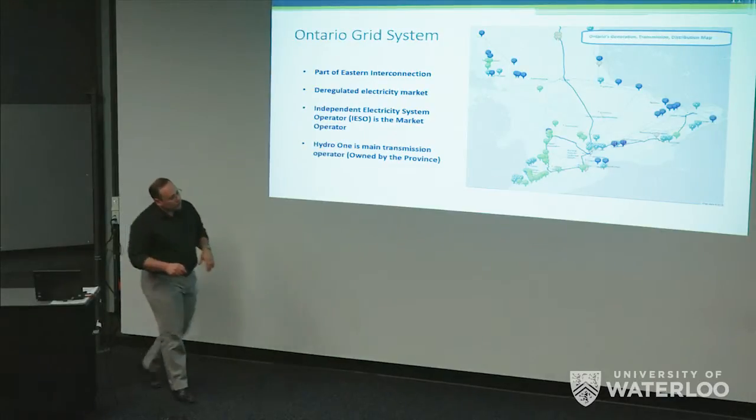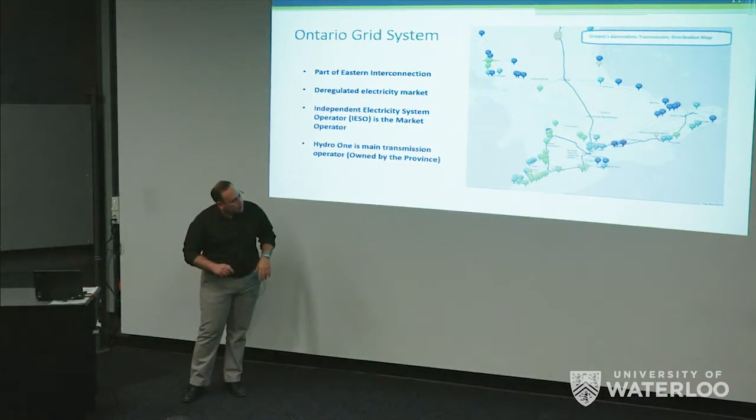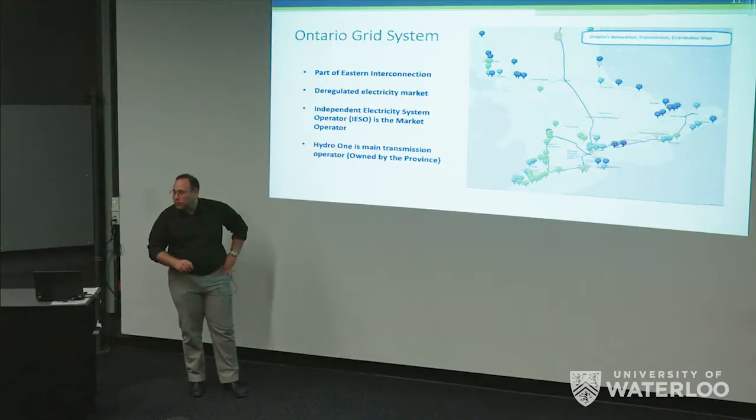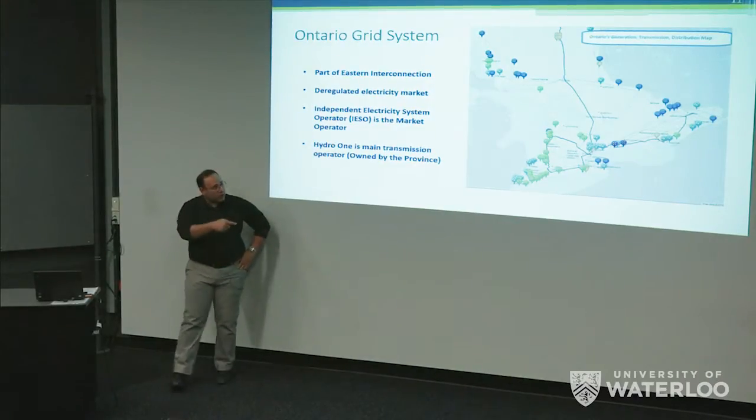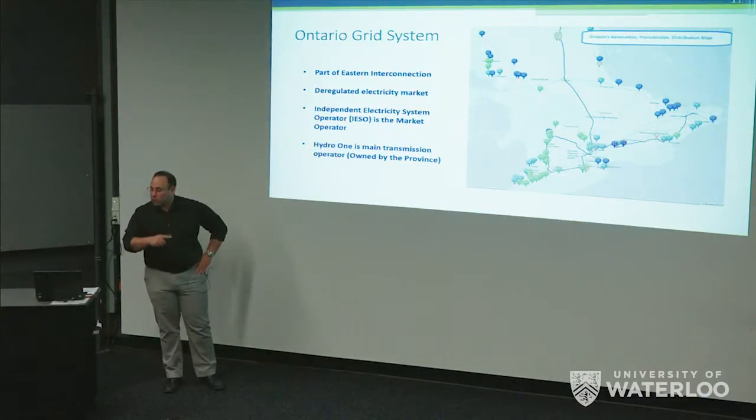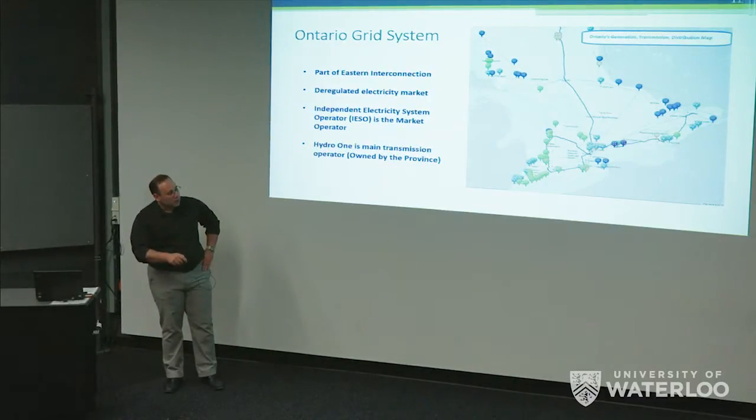But the point I would like to make here is that this is the Kitchener, Guelph, and London area. Goderich and the salt caverns are here, and most of the wind is here. I will talk about it a bit later, but I want to show that one of the main issues for Ontario is the constraints on the transmission line.